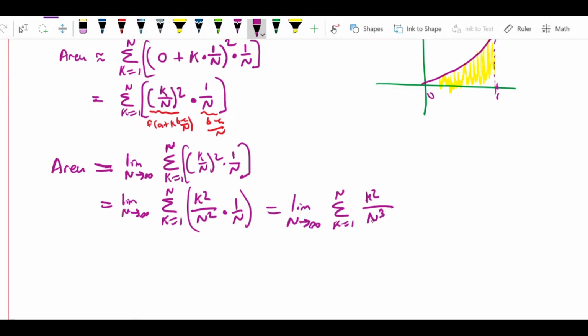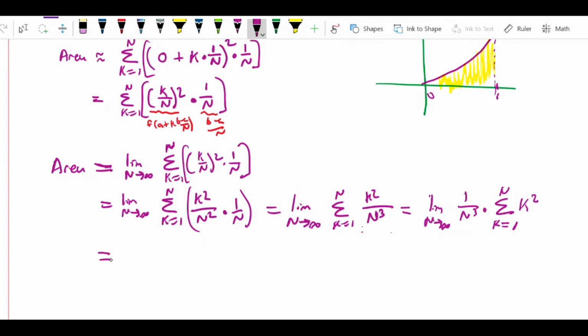This is not part of the summation. The summation only involves k, so the n, which happens to be the upper limit, is sort of irrelevant. This n doesn't change no matter how many terms, k equals 1, k equals 2, k equals 3. The n is going to stay the same. So I can pull it out and write the limit as n approaches infinity of 1 over n cubed times the sum from k equals 1 to n of k squared.